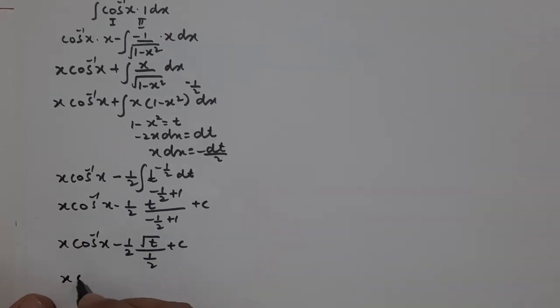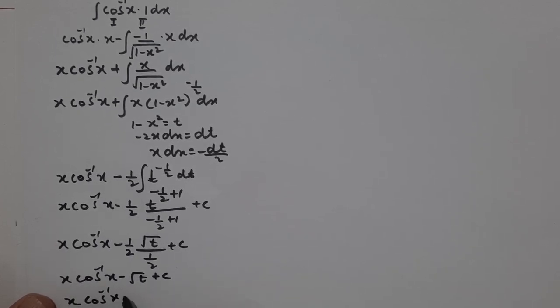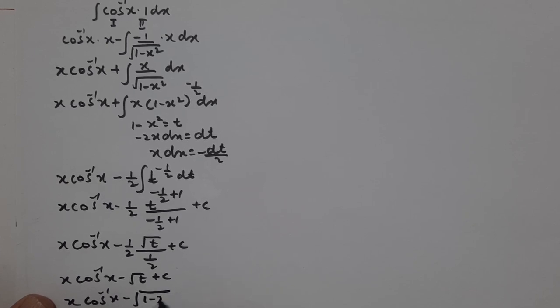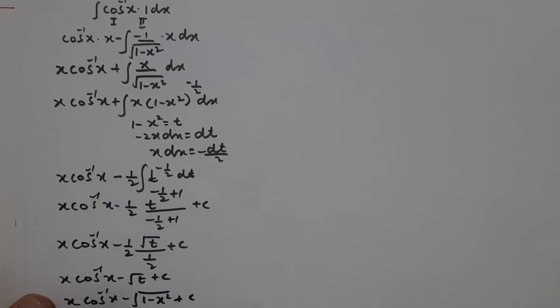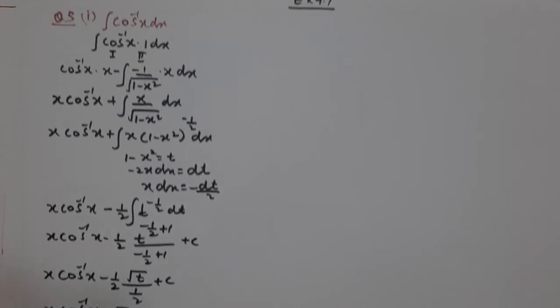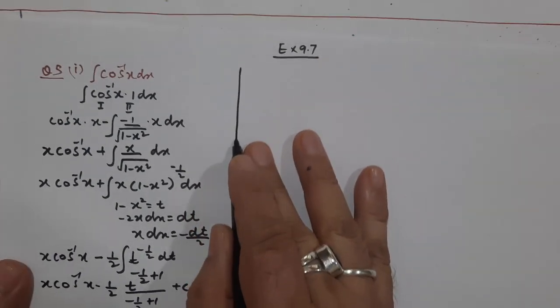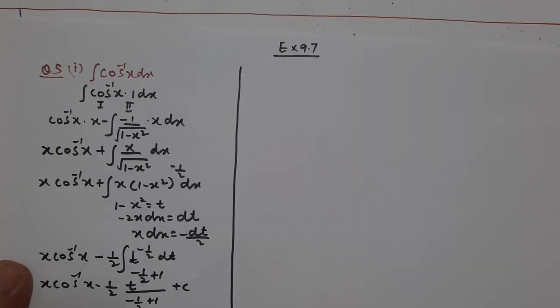So we get x cos inverse x minus root t plus c, and value of t is 1 minus x square. So in place of t we can put 1 minus x square, plus c. So students, this is the answer. So very simple question.